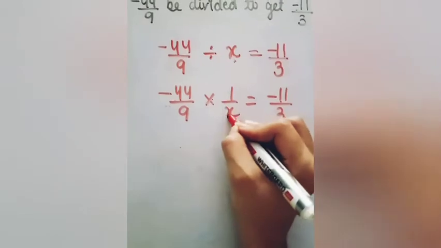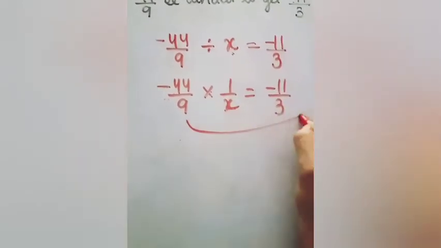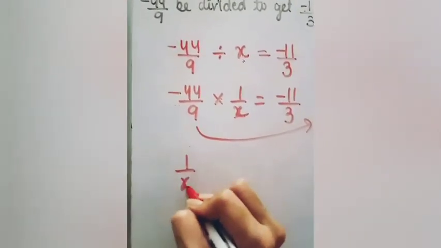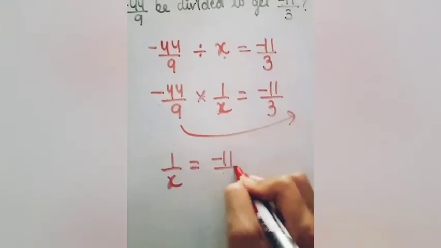Now we have to find the value of x, so we will send this term to the other side. Here we are left with minus 1 upon x equals minus 11 upon 3.